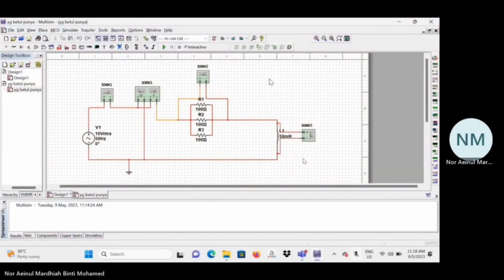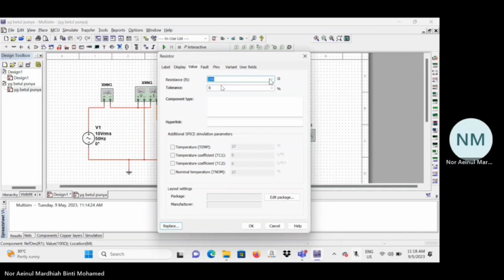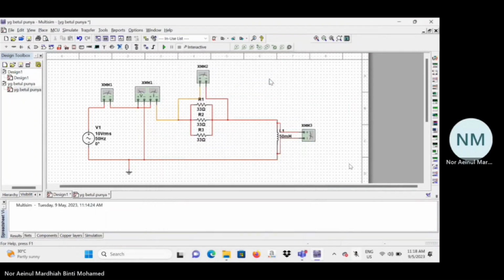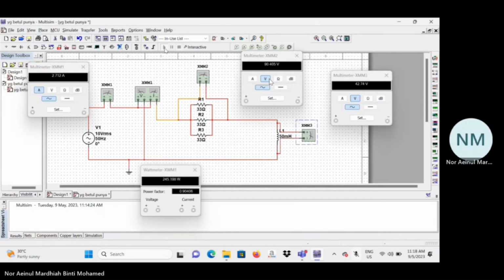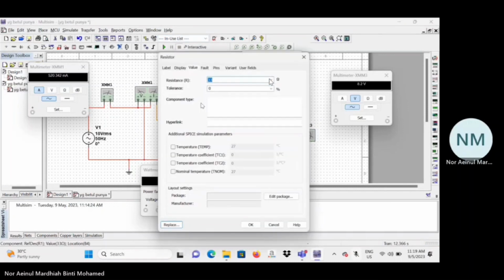After connecting the circuit, we set up the AC power to 10 volt 50 Hz based on the lab sheet. Then we run the simulation to measure I, VR, VL and power.